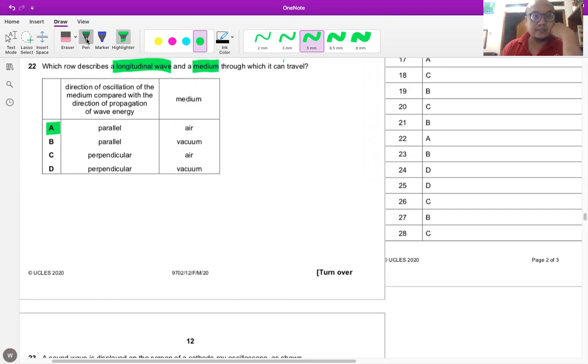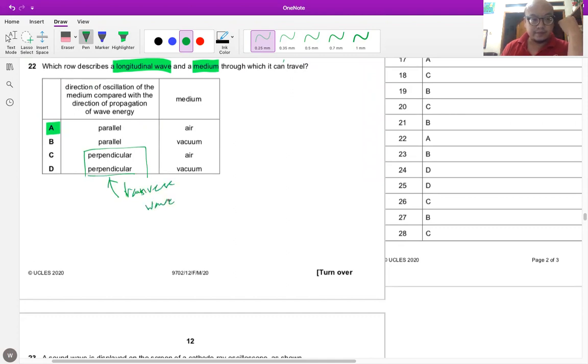Perpendicular is a transverse wave. And then the medium is here. It's correct, not vacuum. Vacuum is like light. Yes, this is correct.